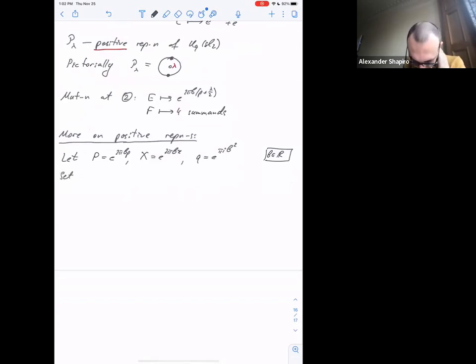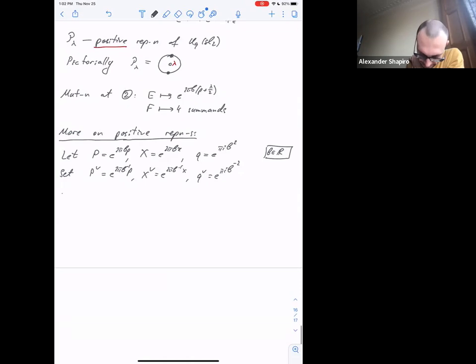So let's set p check to be e to the 2 pi b inverse p, x check to be e to the 2 pi b inverse x, and q check to be e to the pi i b to the minus 2, so b inverse squared. And then we can see that, first of all, it's just the same calculation as we've done 5 minutes ago, or 10 minutes ago.